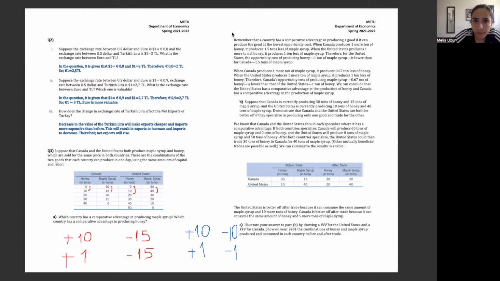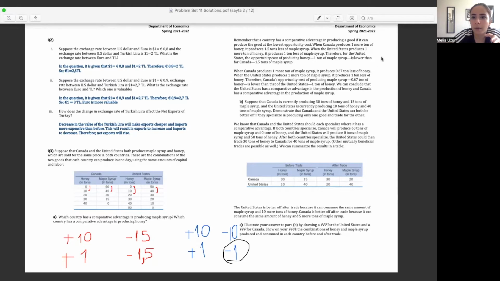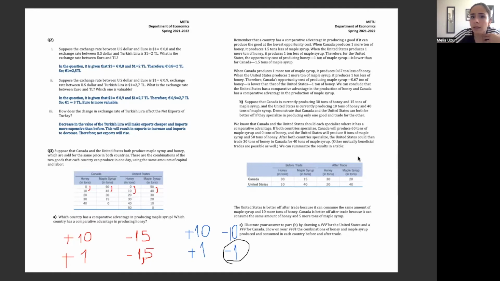Of course, 1 is lower than 1.5. So the United States' opportunity cost is lower, and it has a comparative advantage in producing honey.